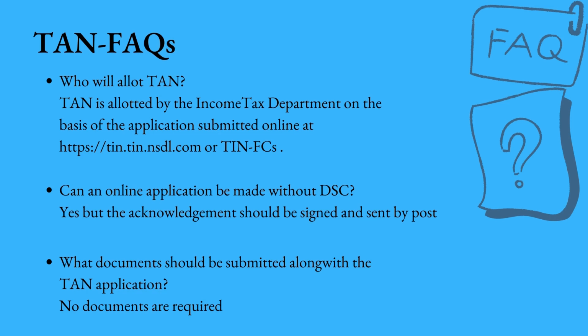What are the documents required to be submitted along with the TAN application? No documents are required to be submitted along with the application for allotment of TAN. However, where the application is being made online, the signed acknowledgement which is generated after filling up the form should be forwarded to NSDL e-Government.